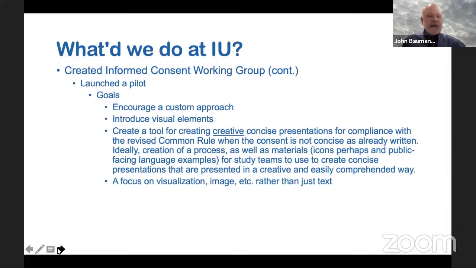But we said, let's launch a pilot and encourage creative, custom approaches, making use of visual elements rather than just words. We create basically a tool for creating creative, concise presentations when it is needed.